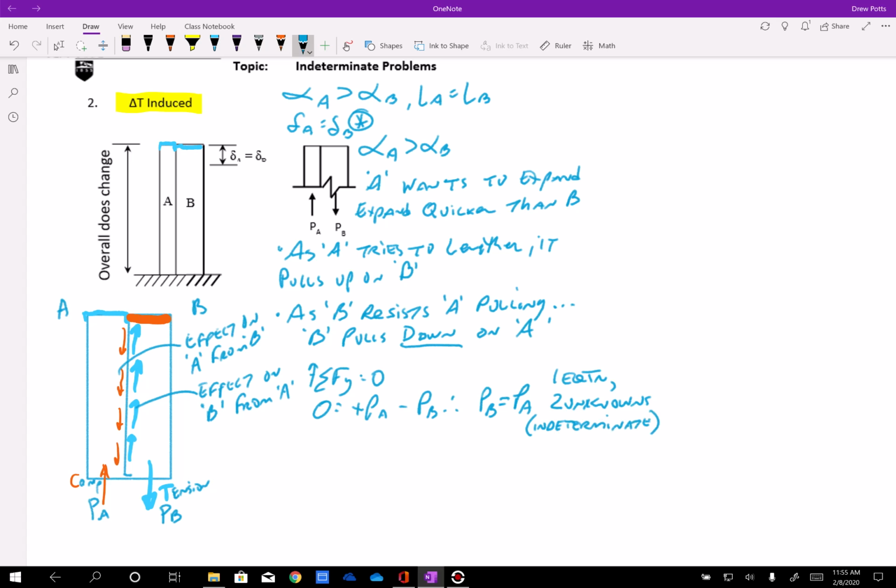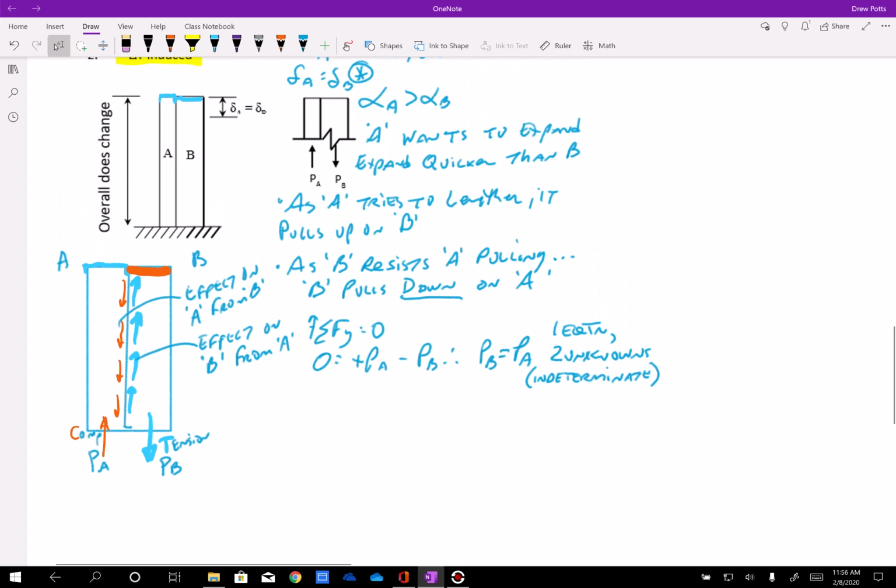Now we have to develop a second equation using our condition of compatibility, and we know what that condition is.